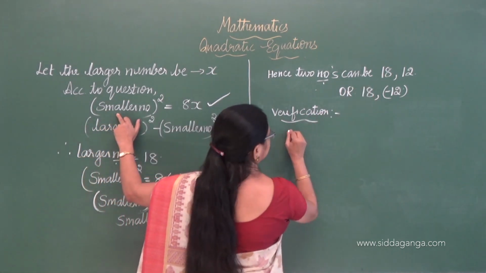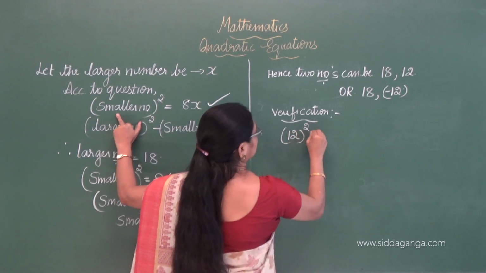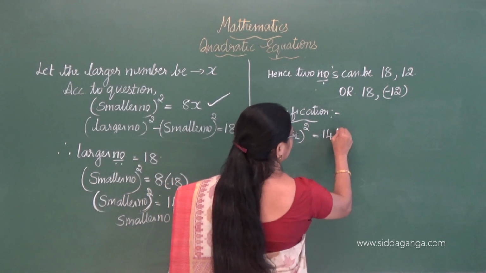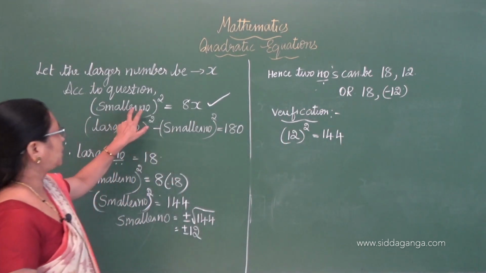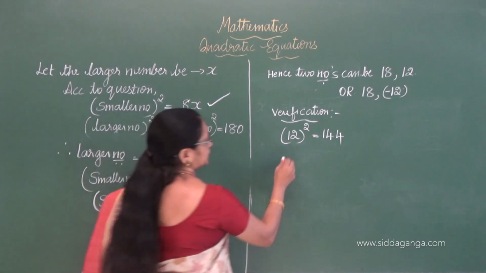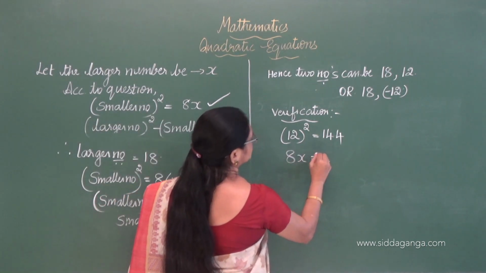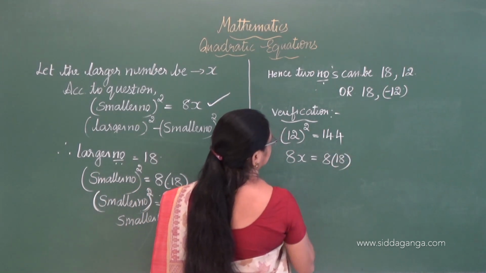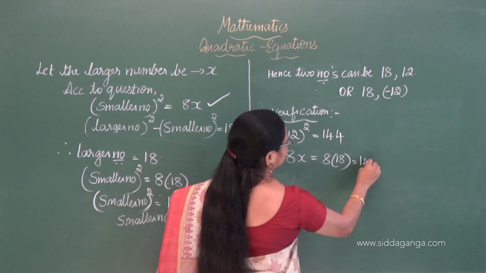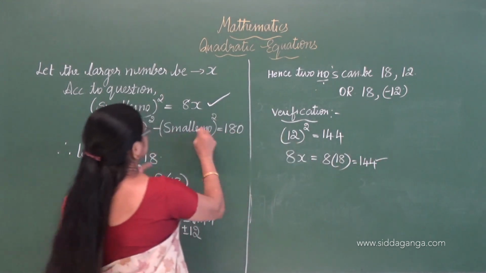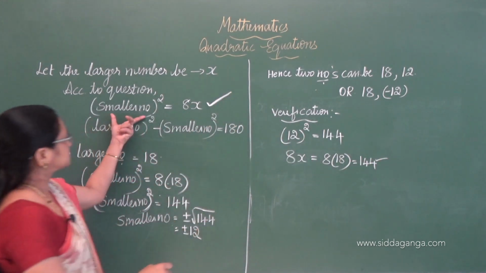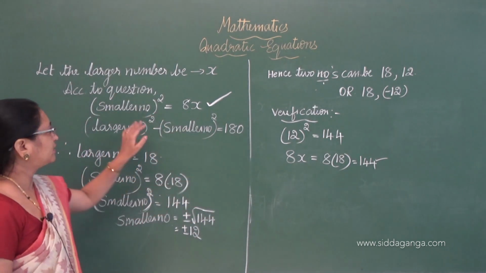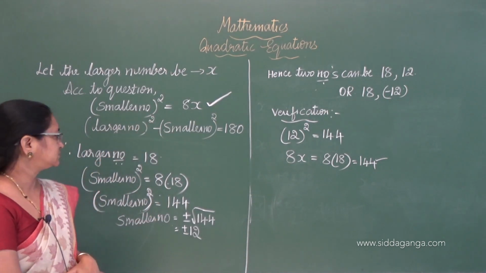So now I will take 12 whole square, 12 12s are how much? 144. Okay. Now the smaller number whole square is equal to 8x. So 8x is what? 8 into the bigger number, 18. So now find out 144. So does it hold good? See here, the smaller number whole square is equal to 8 into x, that is 144. We can do the verification.